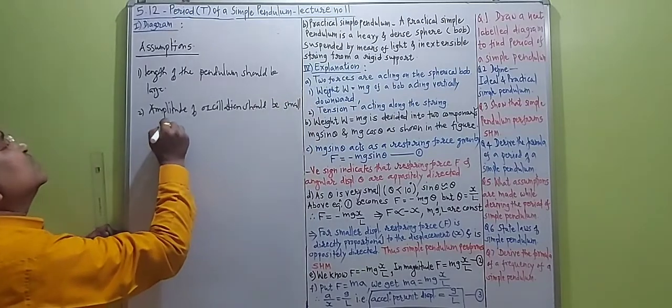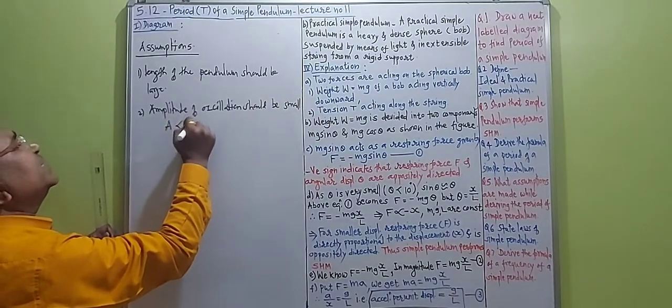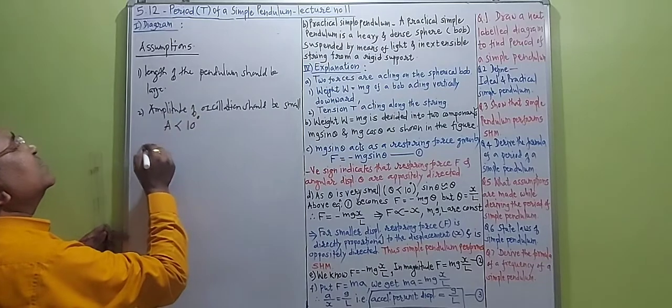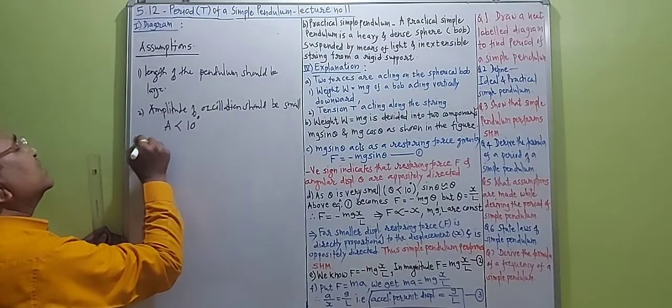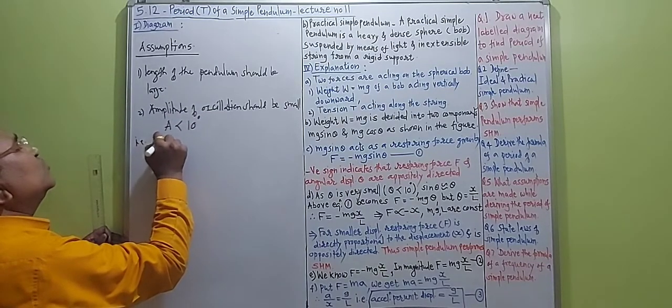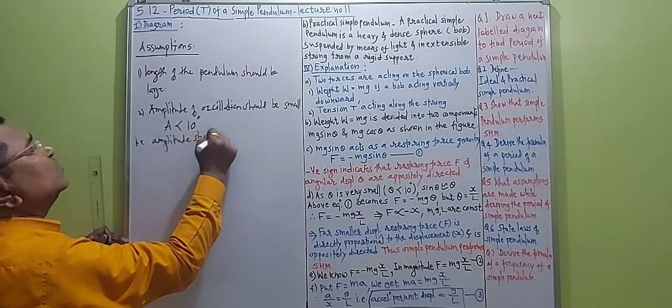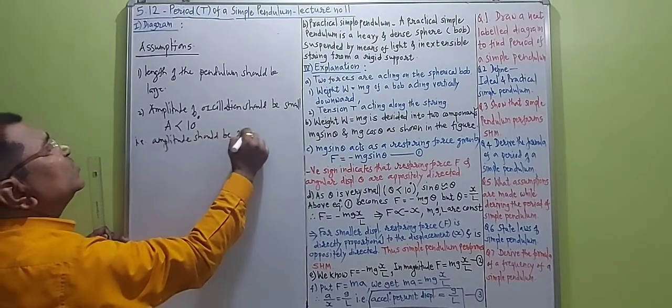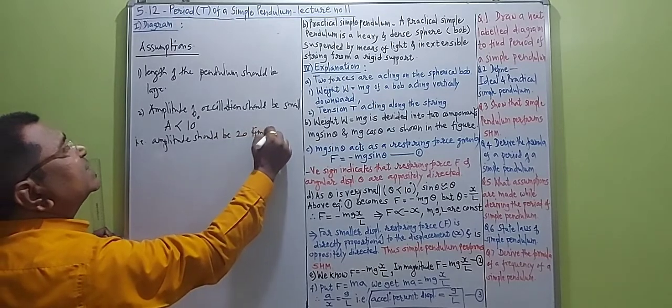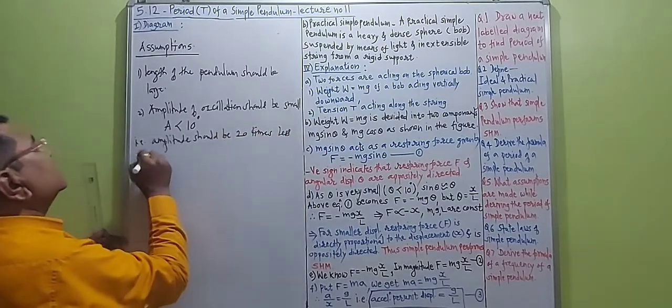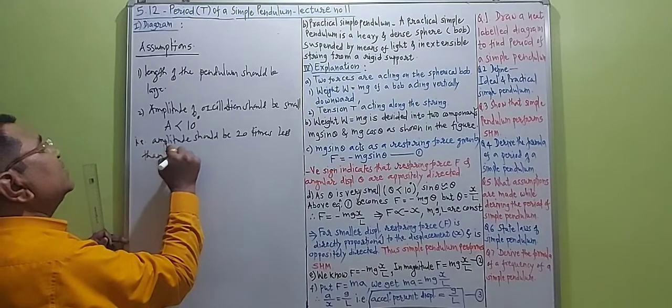That is, amplitude should be less than 10 degrees. That is, amplitude should be 20 times less than the length of the pendulum.